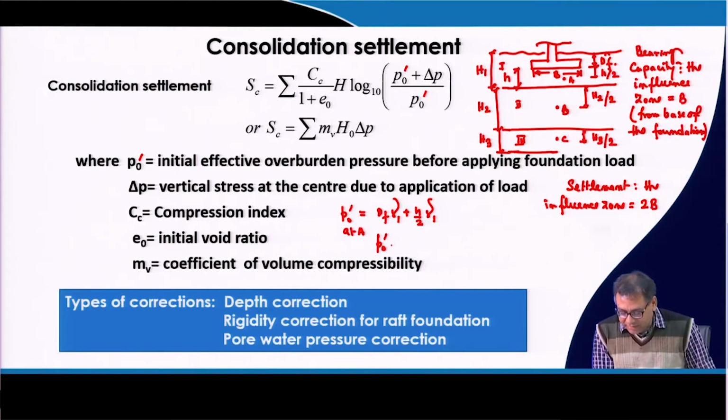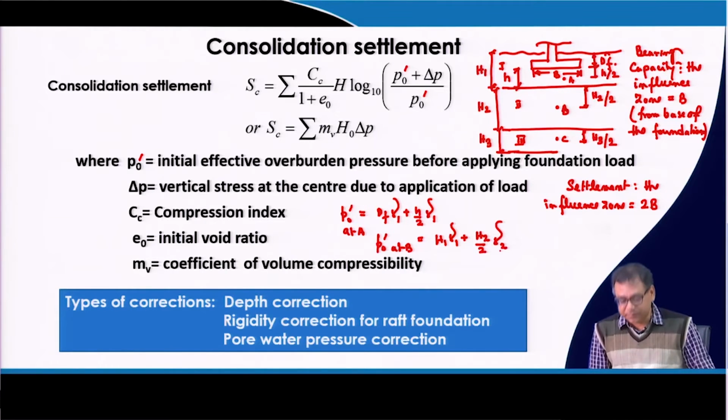Then P0 dash at B will be equal to H1 gamma 1 plus H2 by 2 gamma 2, and so on. So, this is H1 into gamma 1 plus H2 by 2 gamma 2, and this is the P0 at A. This way I can calculate effective overburden pressure.